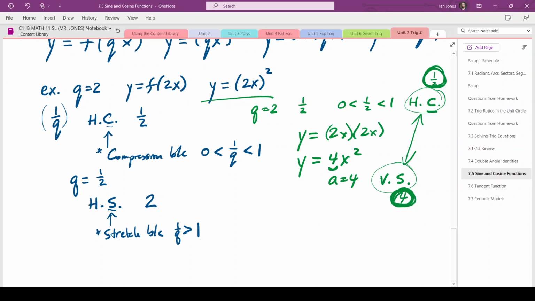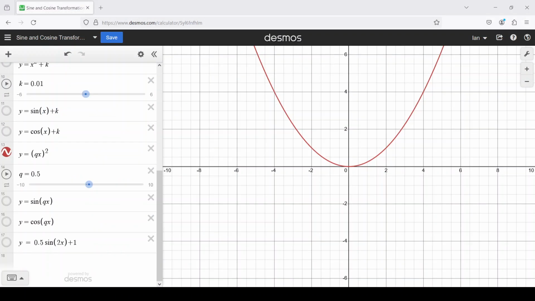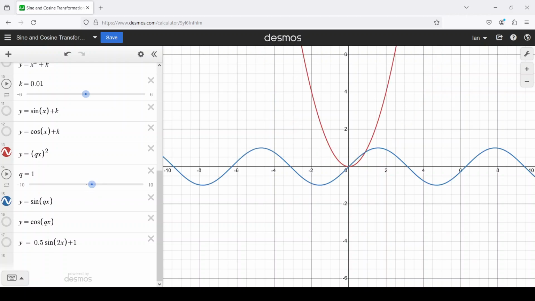Okay, great. Now, let's see what the effect of q is on sine and cosine. So here now, I'll try and put q back to 1. Oh, perfect. I'm going to bring up sine. I'll bring up cosine as well. As q increases, 1 over q gets smaller. So if q is 5, 1 over q is a fifth. That would be a horizontal compression.